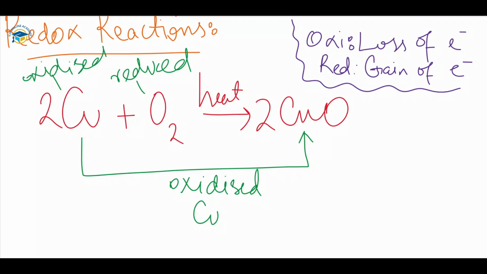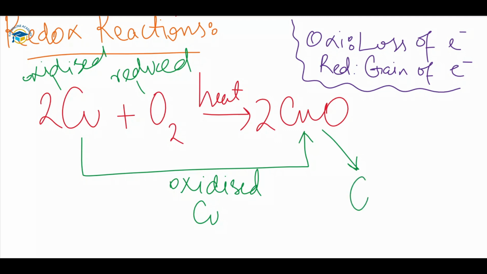Now we'll apply the definition related to the loss and gain of electrons to this example. The copper atoms in the metal have become copper ions in the copper oxide. This copper oxide is an ionic compound. Copper is a metal, oxygen is a non-metal, so when a metal and a non-metal react together, they form an ionic compound.